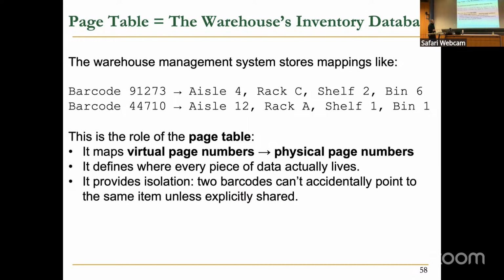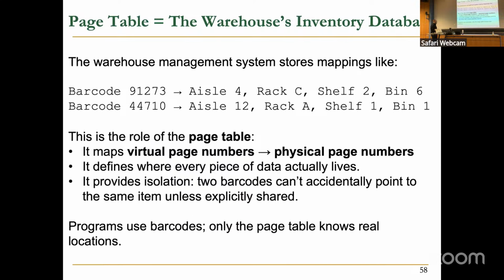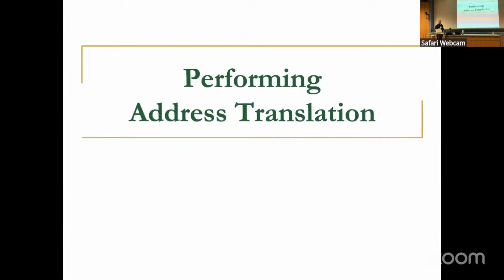And it also provides isolation. So 2 barcodes can't accidentally point to the same item unless they're explicitly shared. The page table makes sure that we don't access another application's physical memory, right? And the programs are not exposed at all to the page table. The programs use barcodes. Only the page table knows the real locations.